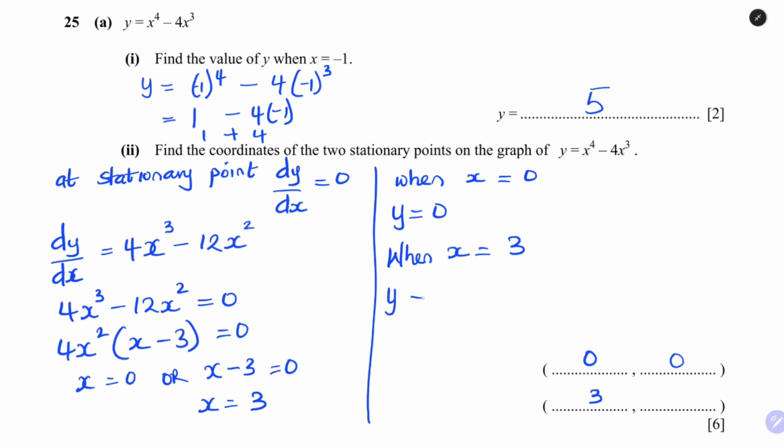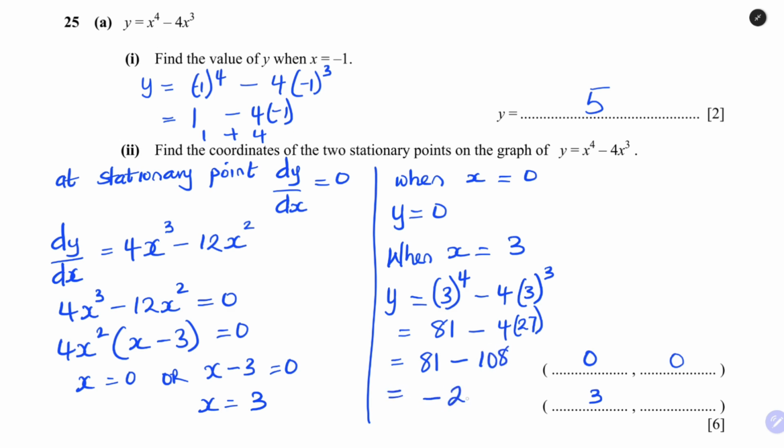So it's going to be y equal to 3 raised to power 4 minus 4 times 3 raised to power 3. 3 raised to power 4 is 81 minus 4 times 3 raised to power 3, which is 27. So that's 81 minus 108. And that gives us minus 27. So when x is 3, y is minus 27.